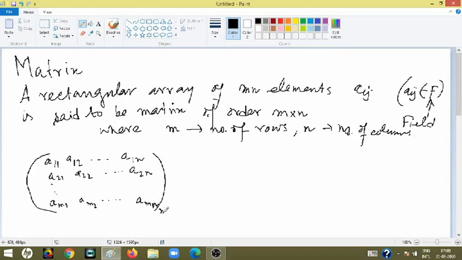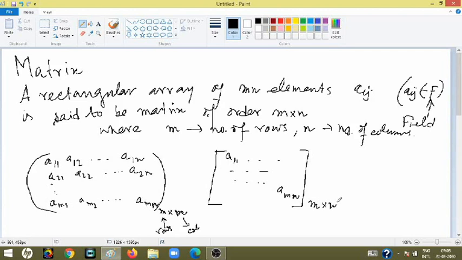This is a matrix of order m by n, which means m is the number of rows, n is the number of columns.